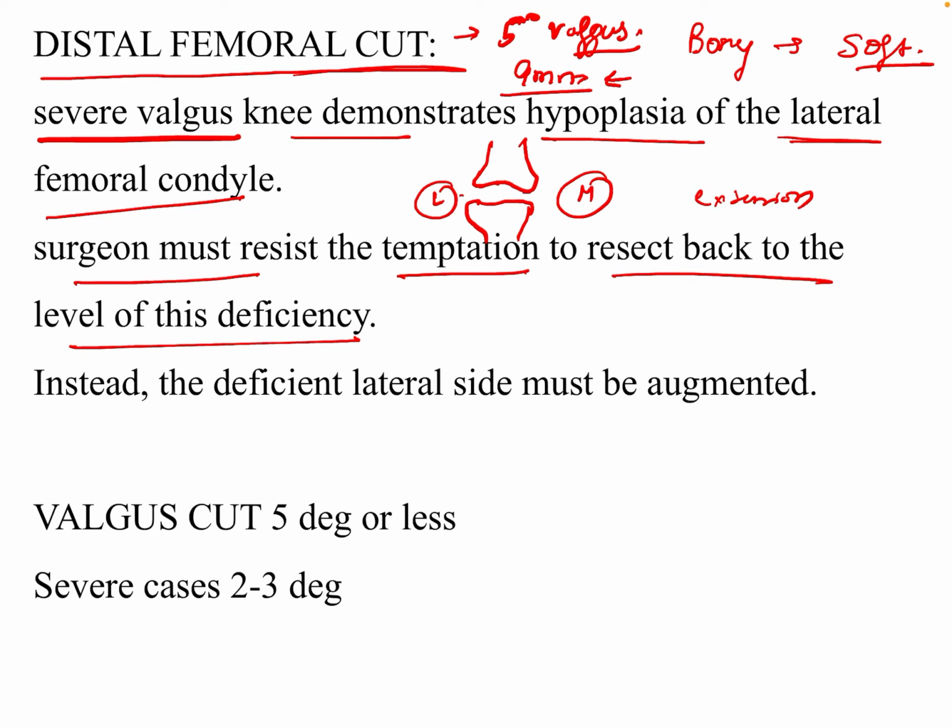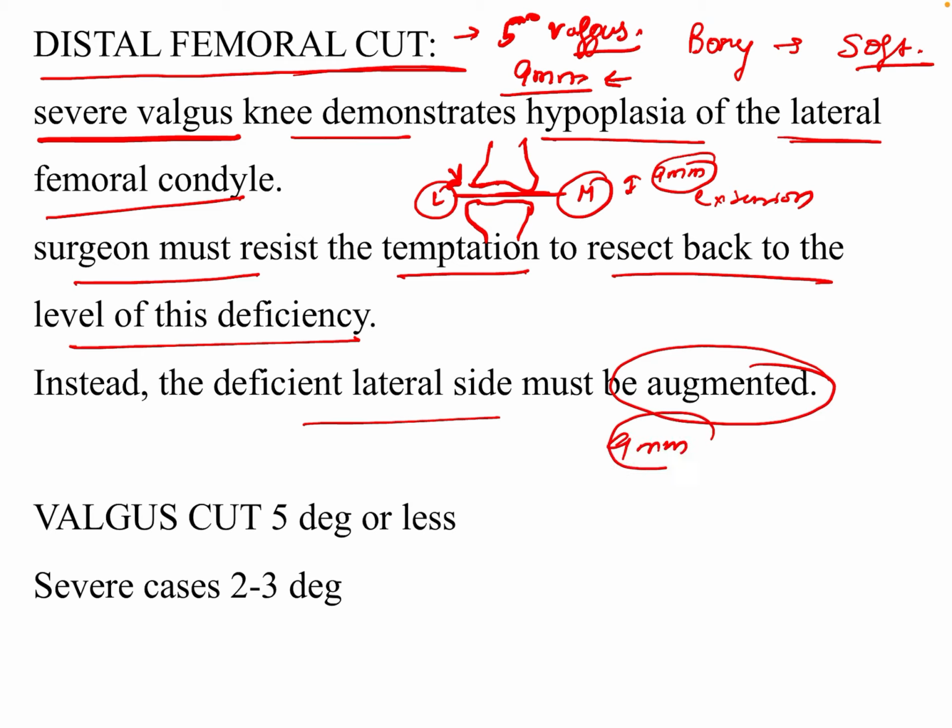So we will take a cut bearing on the normal medial femoral condyle. We need not resect back to this level. We will take the cut from the medial femoral condyle, 9 mm. And if deficiency remains on the lateral side, it can be augmented. So the cut will remain 9 mm from the medial femoral condyle.